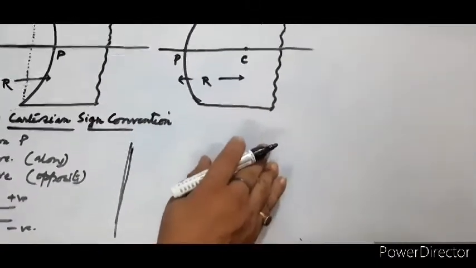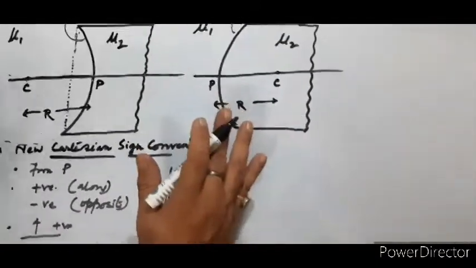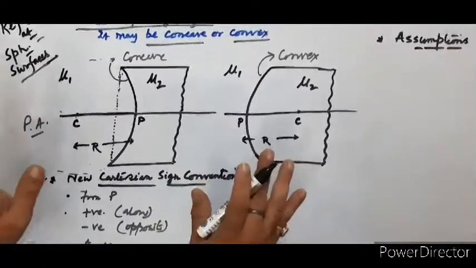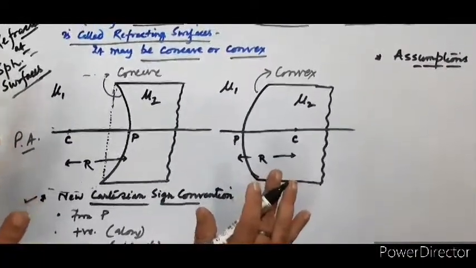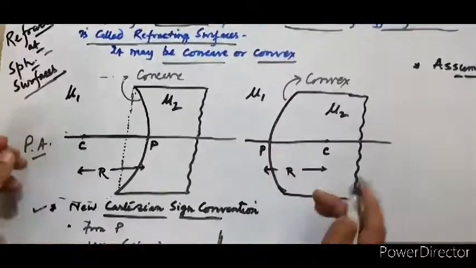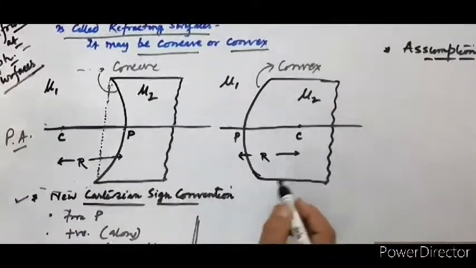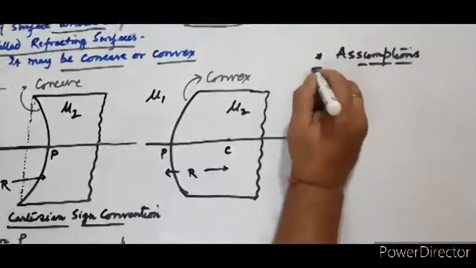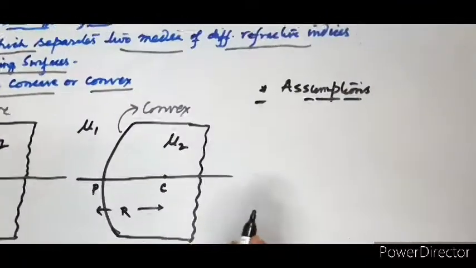Now, these are the fundamentals of refraction at spherical surfaces. Our purpose is to establish the relation, meaning a formula, and for that we have to assume something. Now come to the point: what are the assumptions?